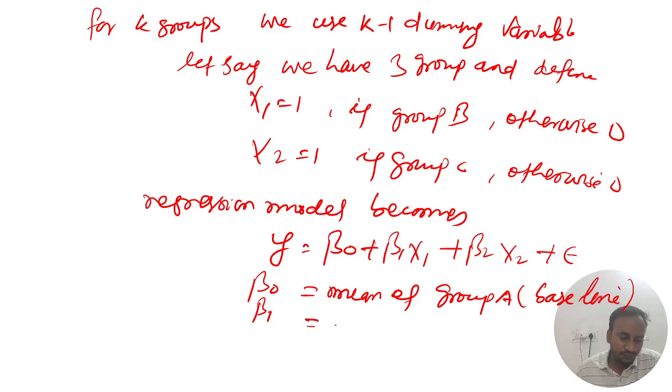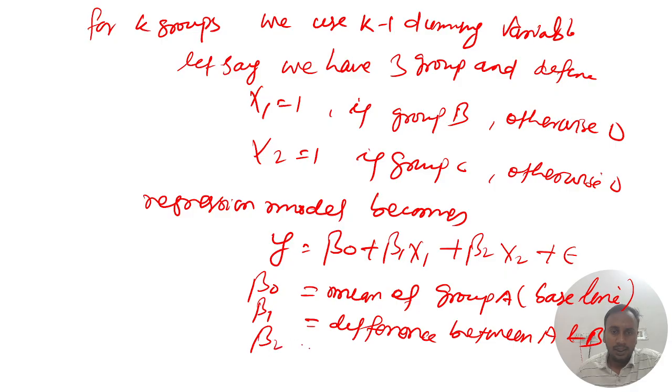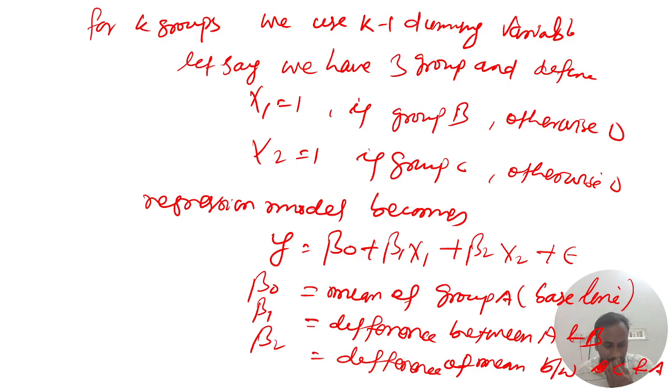Beta 1 will become the difference of means between A and B. Beta 2 will become the difference of means between C and A. Okay. So these are the parameters that we are going to use for the ANOVA. We'll take one more page.